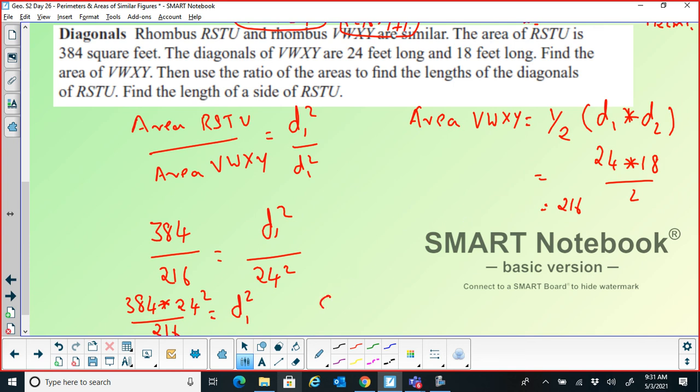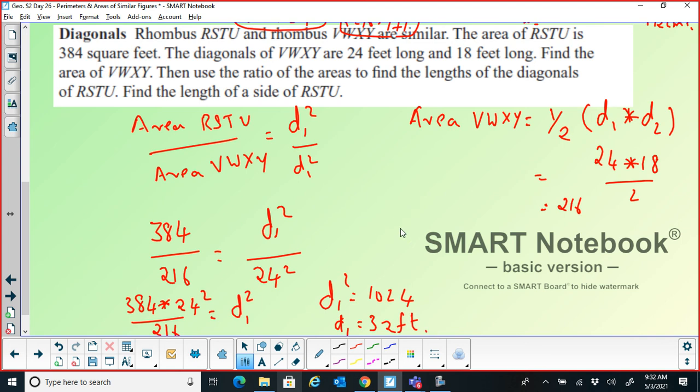So diagonal 1 squared equals 1024. Taking the square root, I get diagonal 1 equals 32. The unit was feet, so just keep 32 feet.